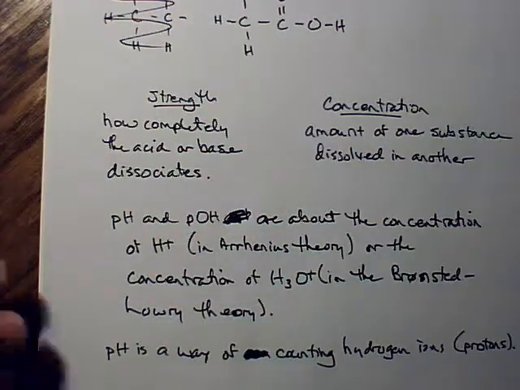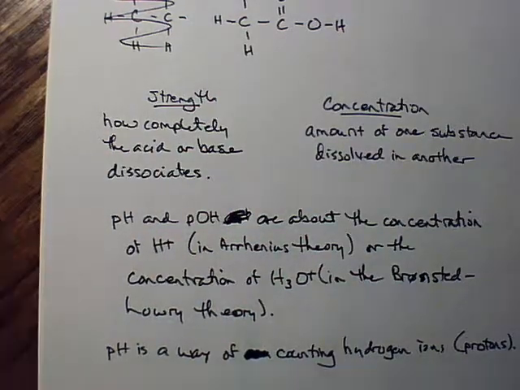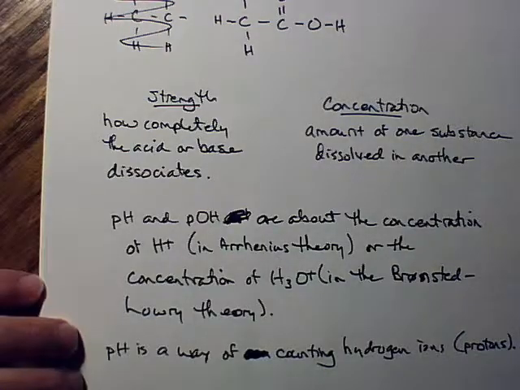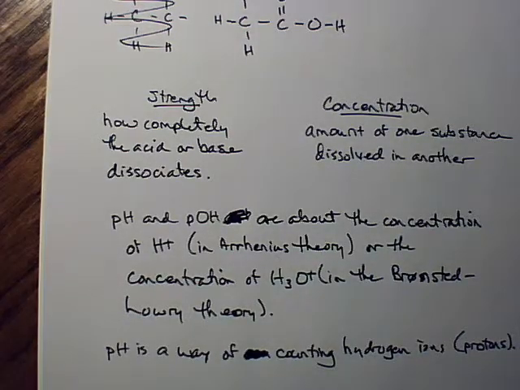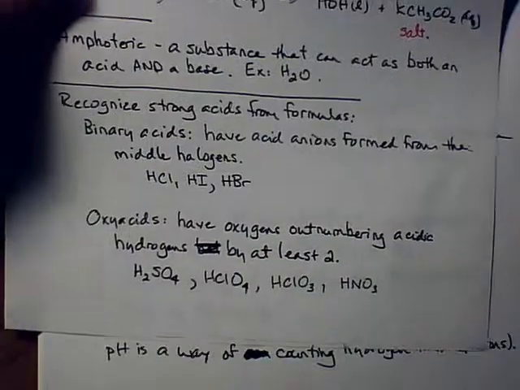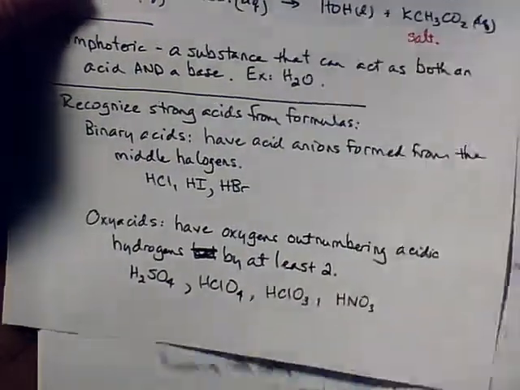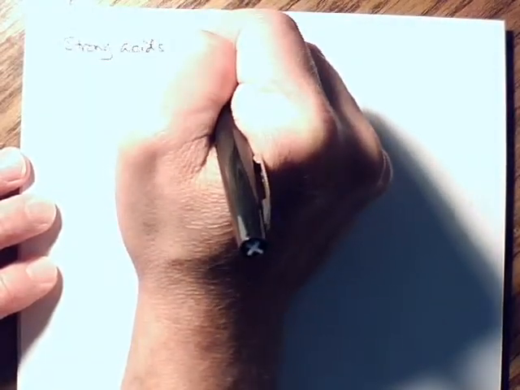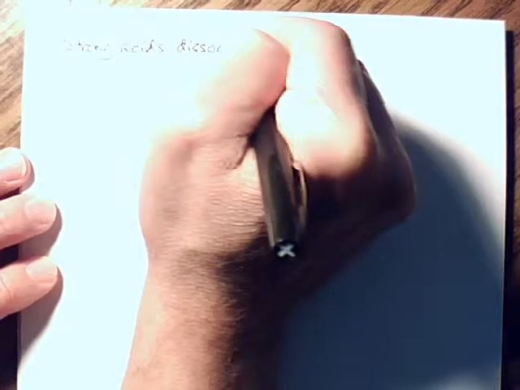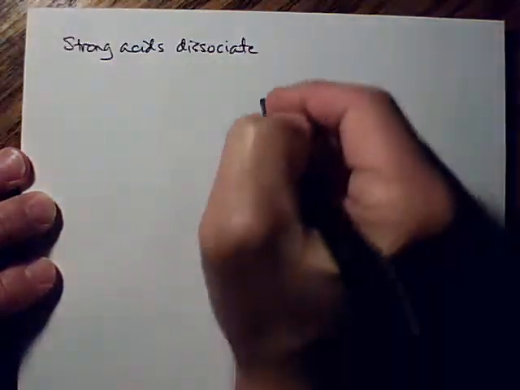So we identified earlier what the strong acids are. What makes something a strong acid? Okay, so here are our strong acids. What makes it a strong acid? Strong acids dissociate.